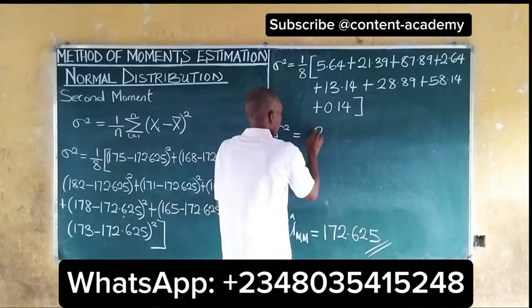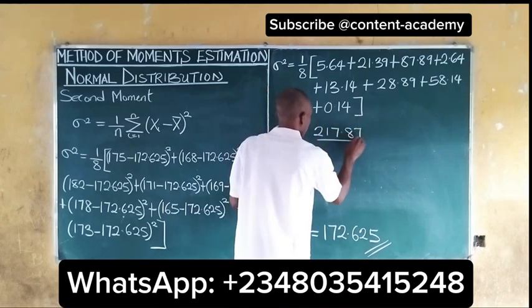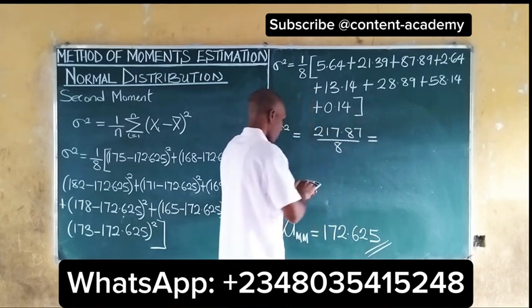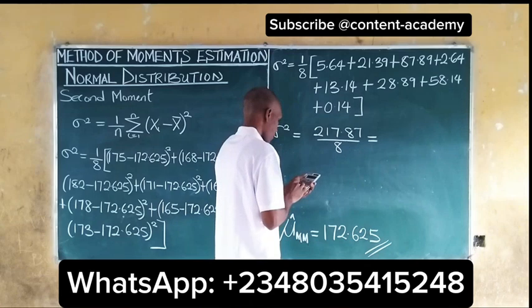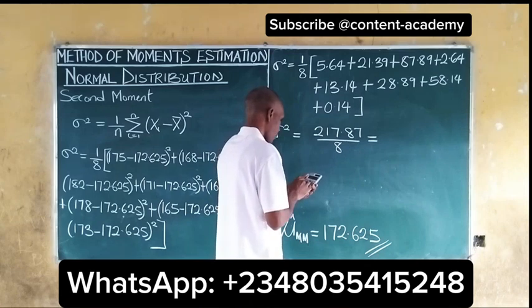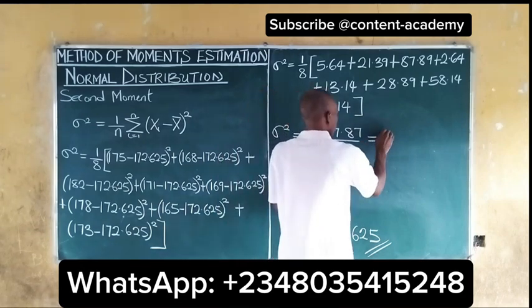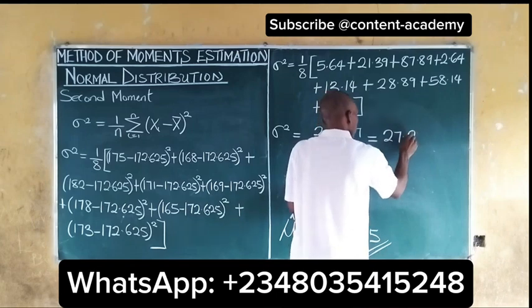That gives 217.87 divided by 8, which is equal to 27.23.